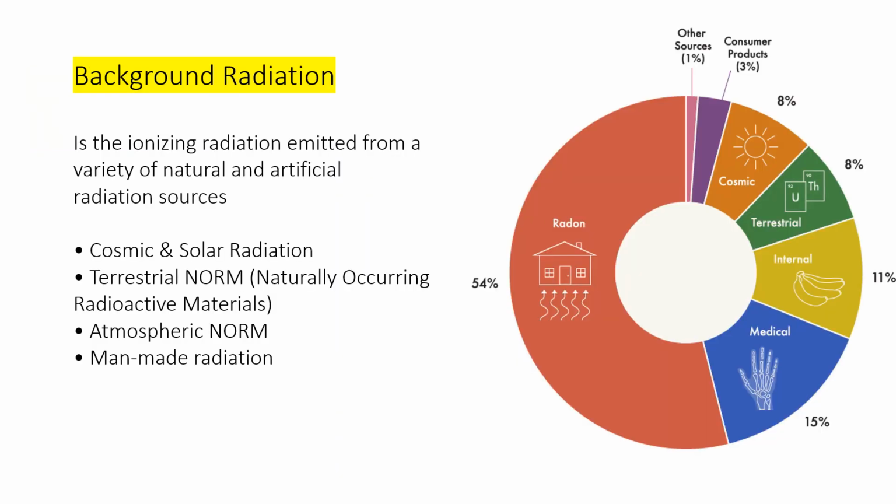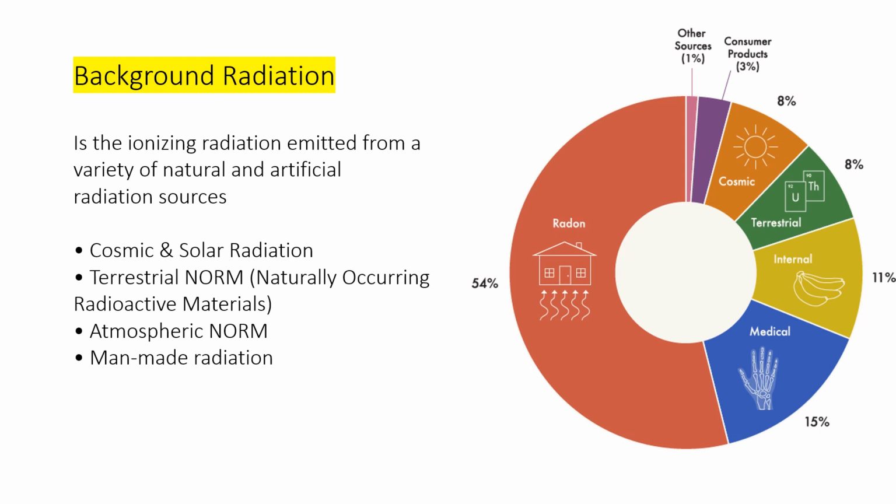Now, let's discuss our sources of radiation by discussing the background radiation. Background radiation is the ionizing radiation emitted from a variety of natural and artificial radiation sources. So our sources are the following. You have cosmic and solar radiation. You have terrestrial NORM, meaning naturally occurring radioactive materials.